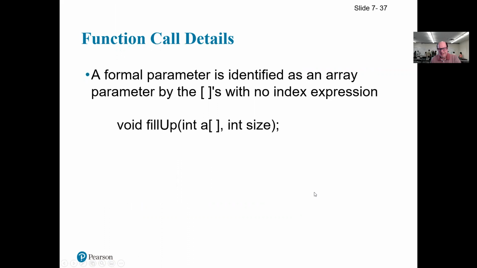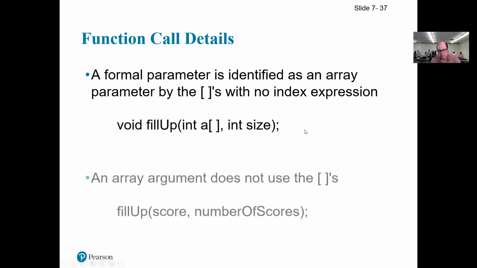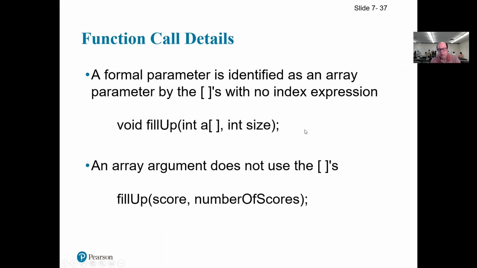When we are declaring and defining our functions, we are going to use arrays with empty brackets. Remember, we have to declare above main, we have to define below main, and we're going to call somewhere either in the main or in other functions.